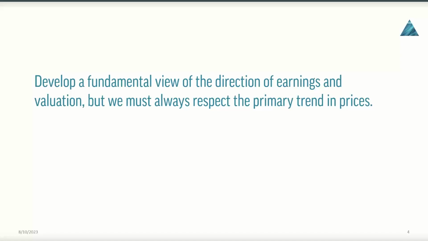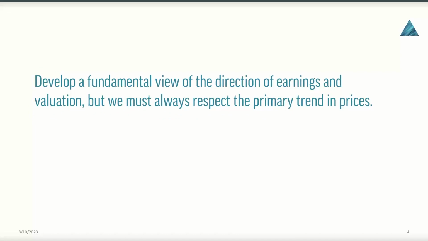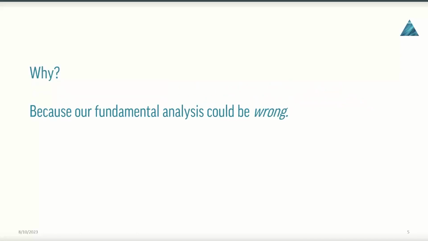How do we understand the primary trend in price levels for any security, be it individual stocks or the broad market? So why should we do that, right? Why do we have to respect the primary trend in price? Because our fundamental analysis could be wrong. So remember, even the greatest investors have been wrong quite frequently.